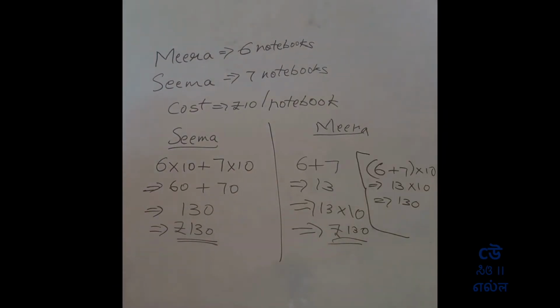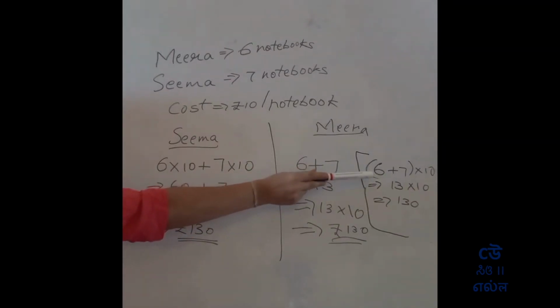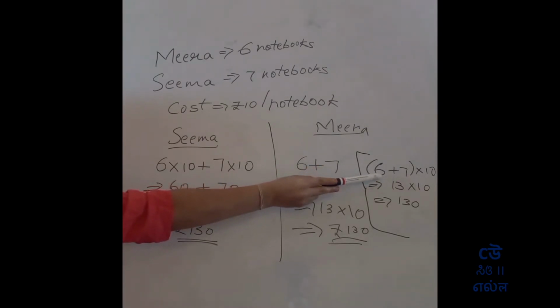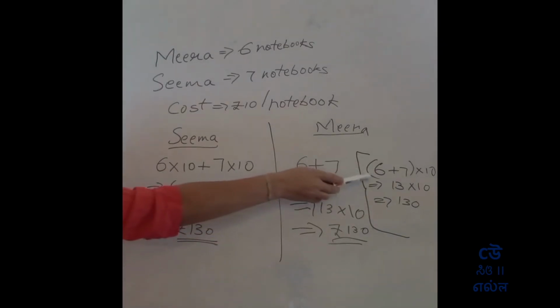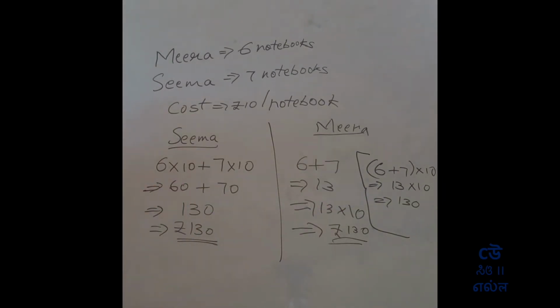She first counted the notebooks, that is, in brackets she wrote 6 plus 7, into 10. 6 plus 7 is 13. 13 into 10, then we write 130.